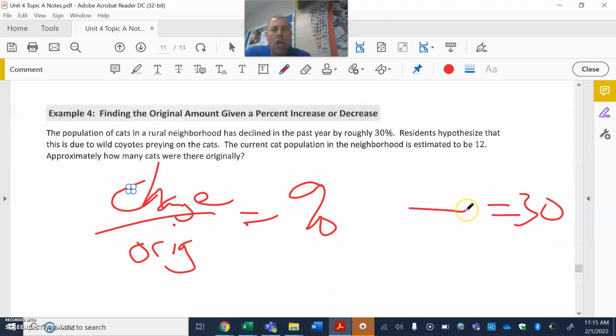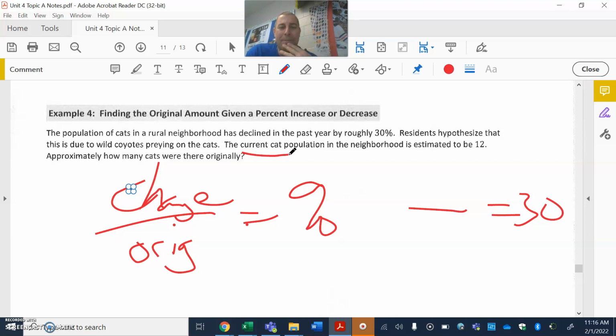Do I know how much it's changed? No. Do I know the original one? No. I know what the current cat population is. So this is where we just don't want to throw stuff in and be like, oh, I'm just going to use the formula that's there.